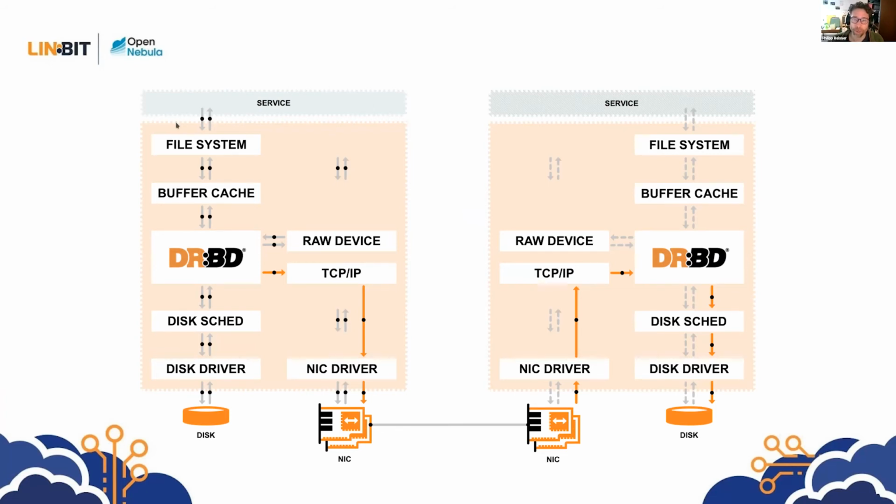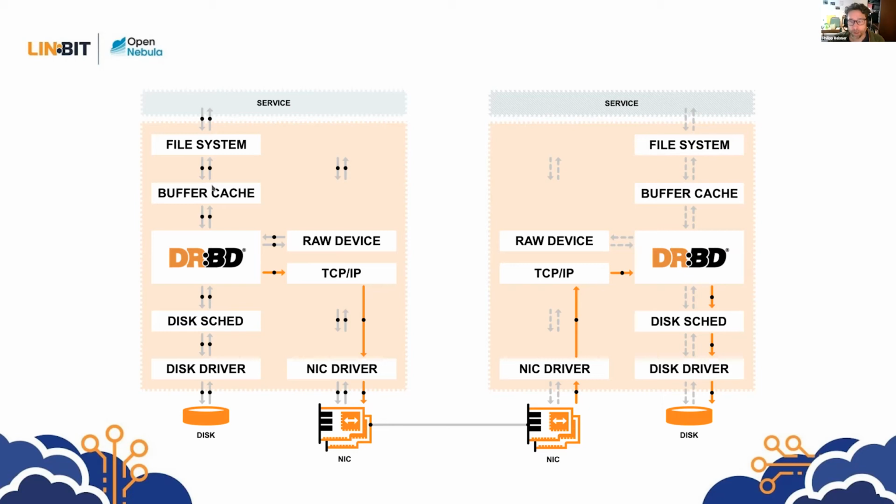It shows us 2 Linux systems, and this orange box is where the Linux kernel is, and the Linux kernel has its internals like a file system, a buffer cache, etc. And on top of that, in user space, we quite often have our services running. Quite often, because sometimes we use the block device without a file system, then this part wouldn't be there. And maybe we use it for KVM, which is the typical use case in an OpenNebula cluster.